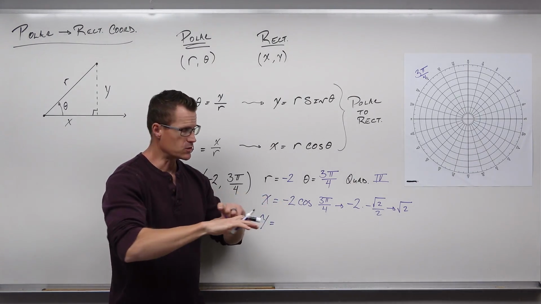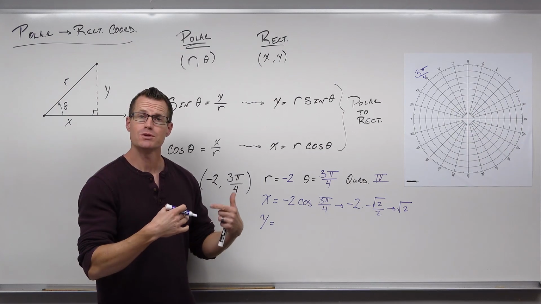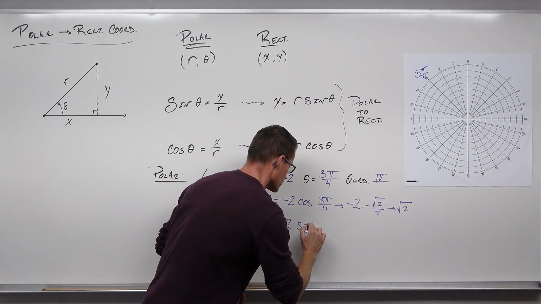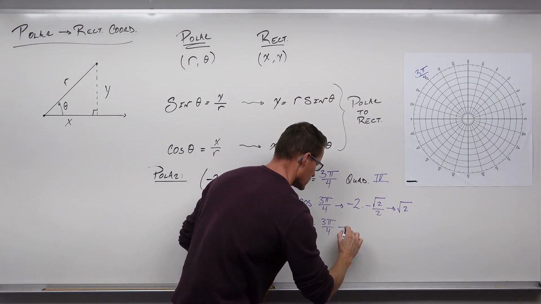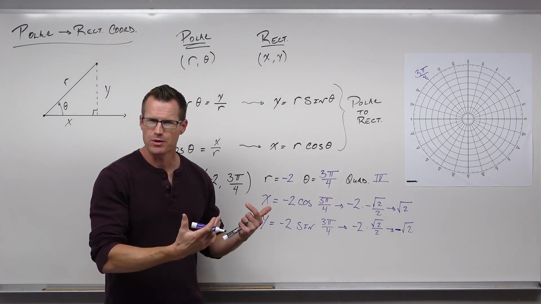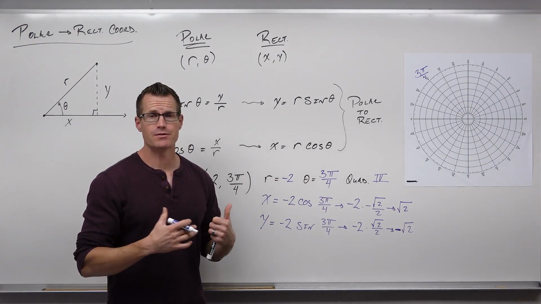This will work itself out. You do not have to worry about it. The y coordinate is going to be given by negative 2 sine of 3 pi over 4. Which, when we simplify, sine 3 pi over 4 is positive square root 2 over 2. Simplify our 2, so we get negative square root 2.